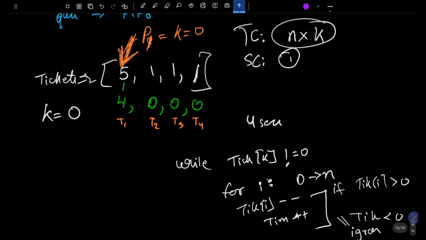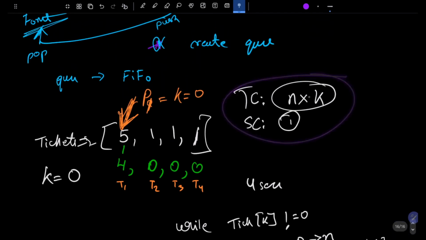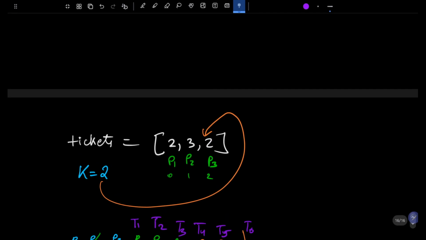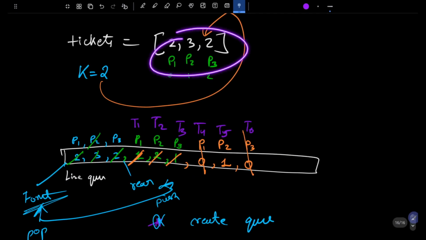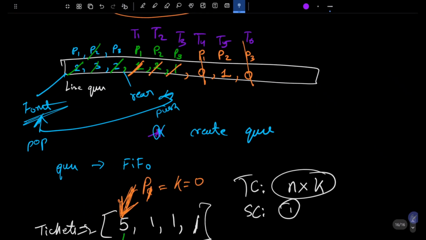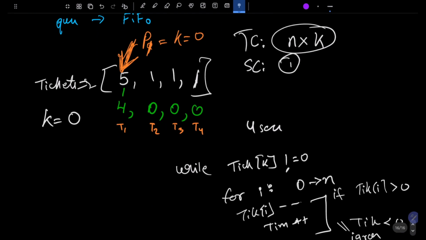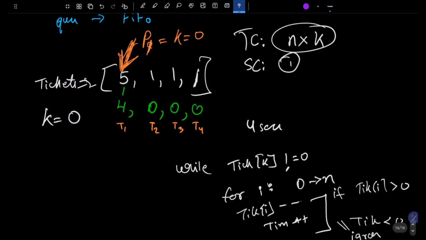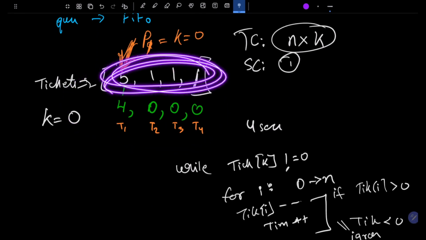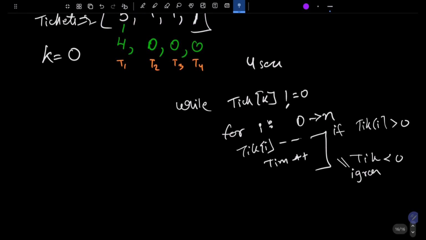So in this approach I have reduced the space. Initially, I created a queue, so for that I had taken n into k as time, and n as the space. For this example, where we are just iterating over this array again and again, I have taken n into k as time, but space I have optimized.